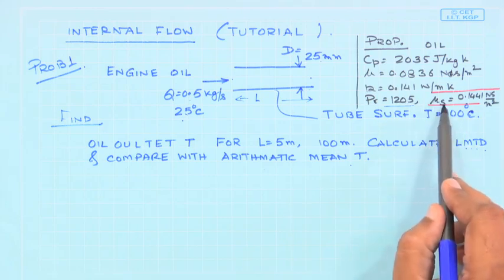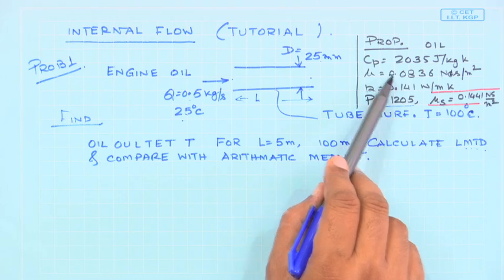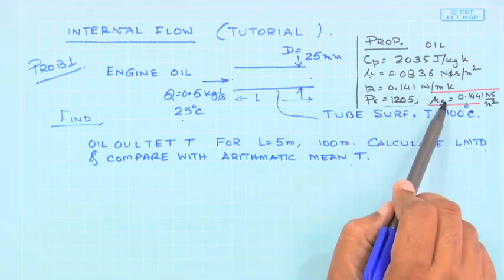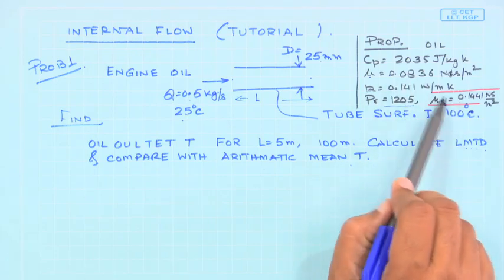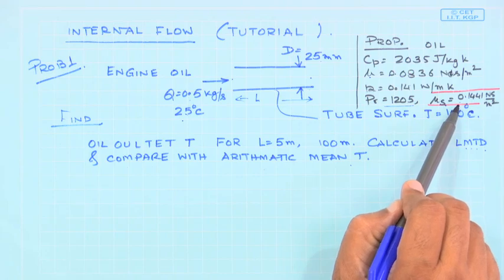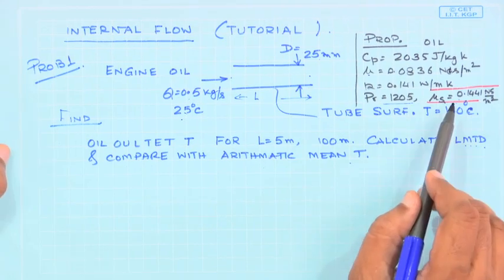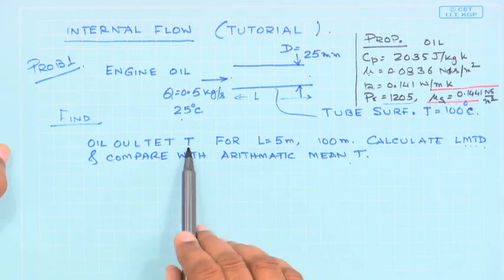So, mu at the surface temperature is provided, and see how much of a difference there is between the mu at the bulk temperature and the mu at the surface temperature. So, there is a significant variation in viscosity. So, a viscosity correction factor must be employed in order to obtain a correct value of the heat transfer coefficient or the value of the temperature and so on.